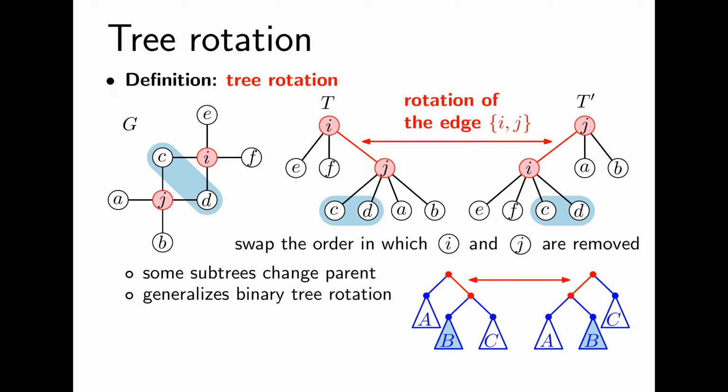This notion of tree rotation generalizes the classical notion of tree rotation in binary trees, which you maybe know from any data structures class, where you've seen pictures that look like this.